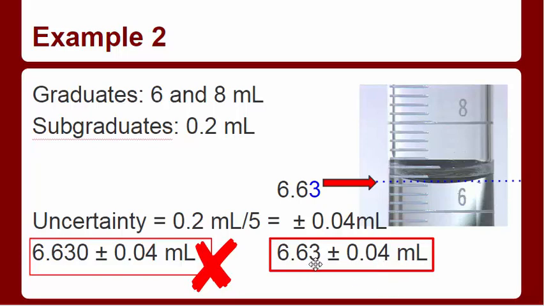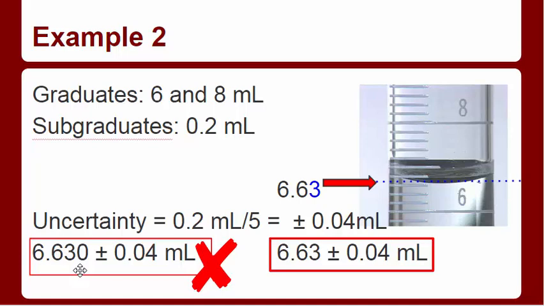The 3 is our estimated digit. What happens if we have an extra 0 here? Is that correct? No, that kind of implies that I can read this to plus or minus something in the thousandth place. Wow, there's no way I can. You need like a microscope. That would be crazy to read that. There's no way I can read it that carefully.